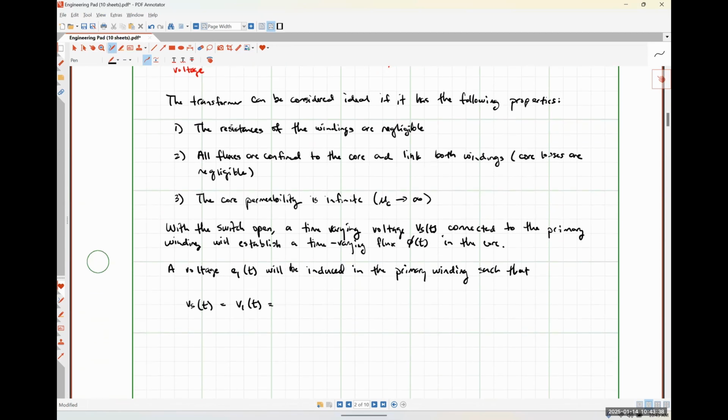And for an ideal transformer, this is the same thing as our induced voltage E1 of t, which is simply the number of turns in the primary coil N1 times the derivative of our time varying flux with respect to time. And we could rearrange this relationship to find that V1 of t divided by the number of turns N1 is simply the rate at which the flux changes.